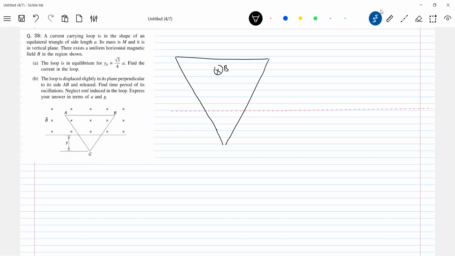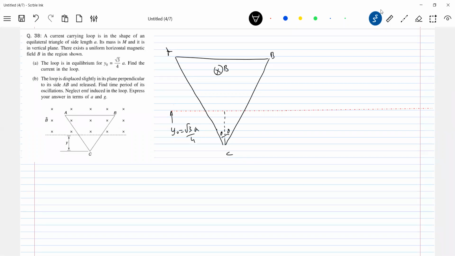So initially this value is given. Let's assume this is theta for calculation. Triangle of side length A. So theta will be 30 degrees. And this value of y is not given, root 3 by 4 A. So this is C A B. Find the current in the loop for equilibrium.